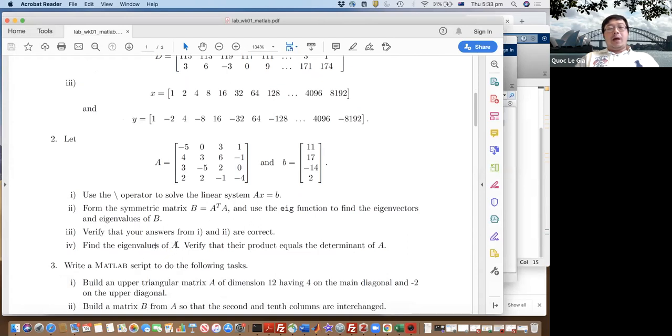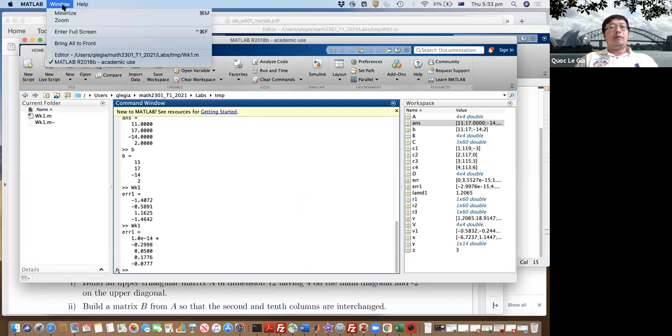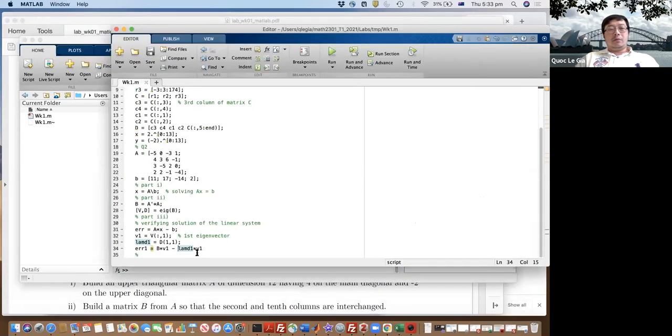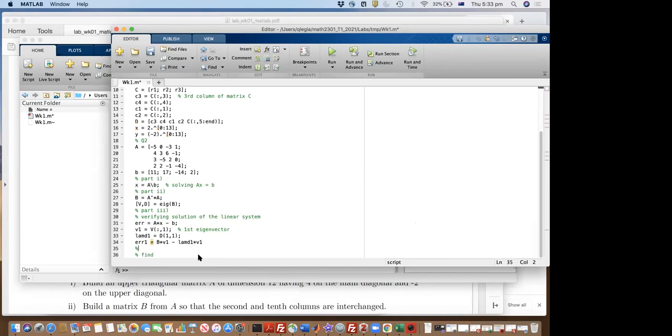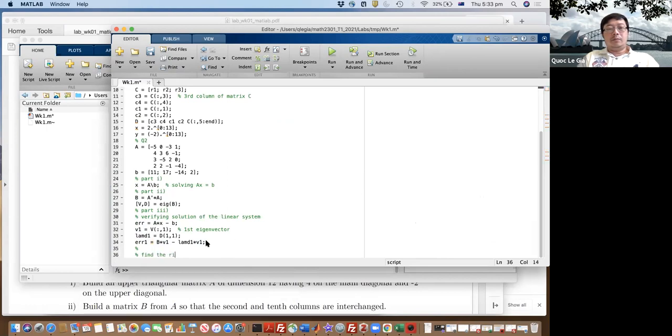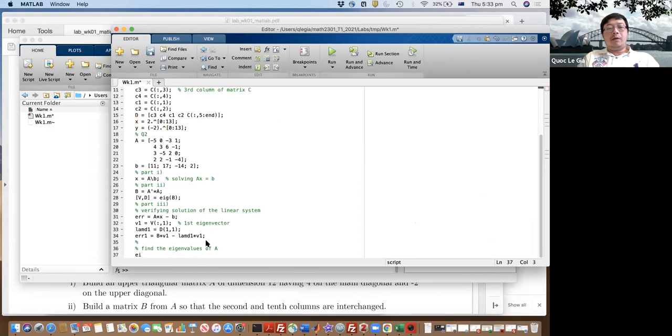Now find the eigenvalues of A, and verify that their product equals the determinant of A. So now I go back to find the eigenvalues of A. Remember, the eigenvalues of A can be found by this command: you just give eig of the matrix A, and when you give only one output, it just gives you a vector of the eigenvalues.